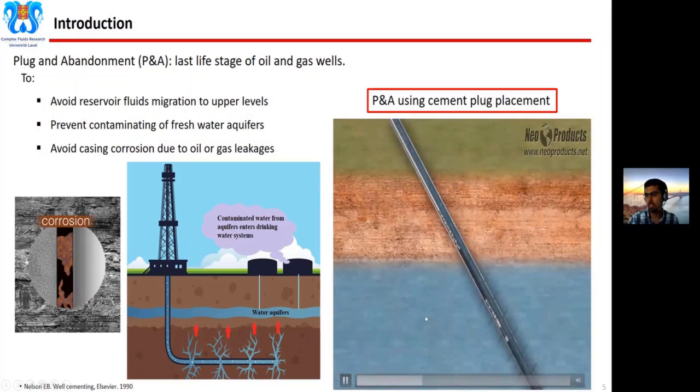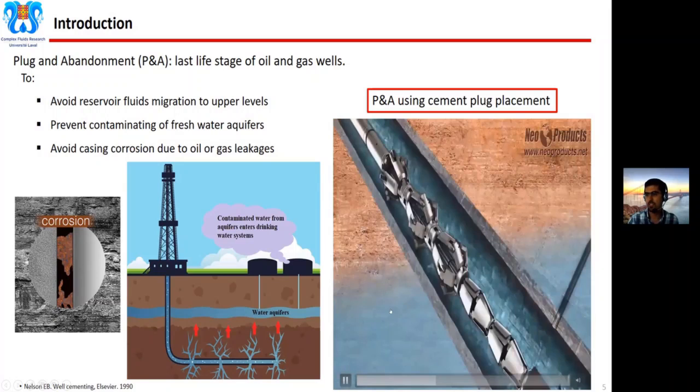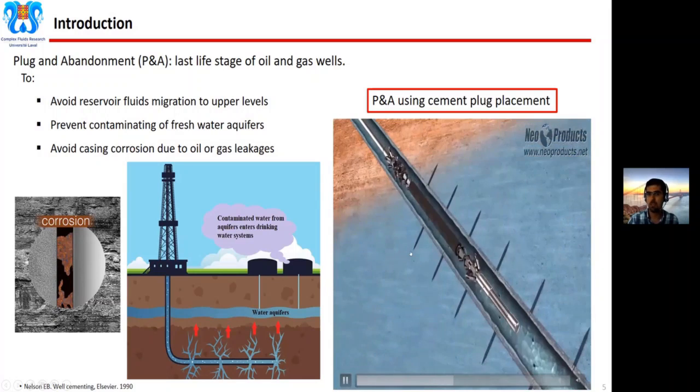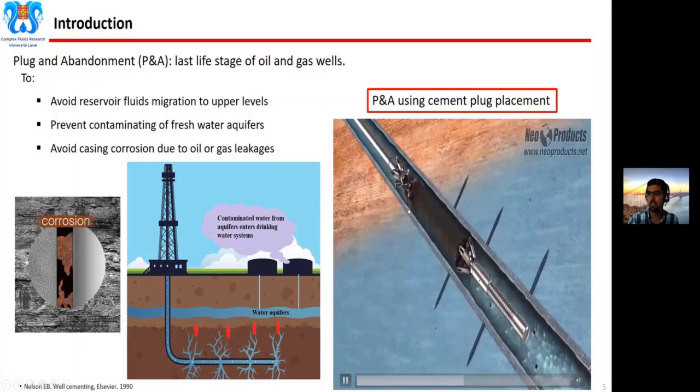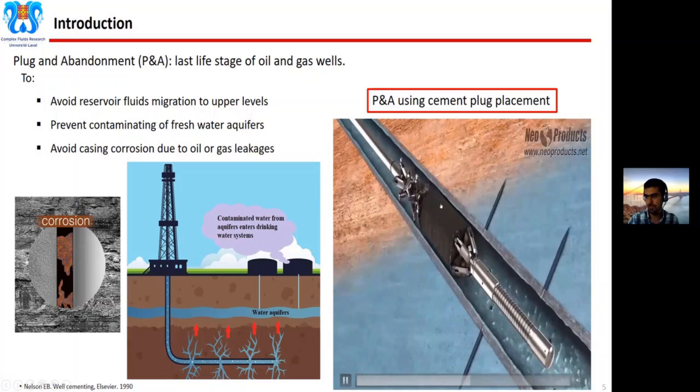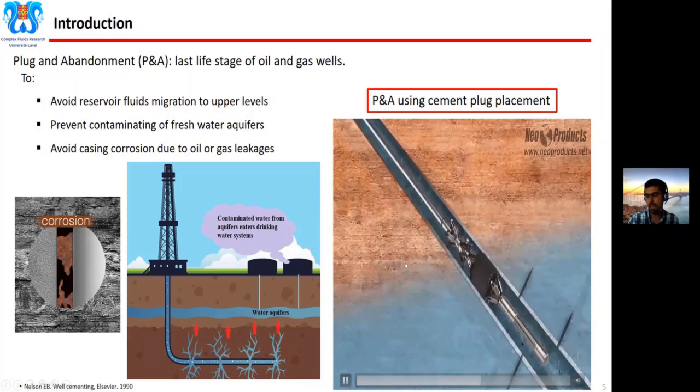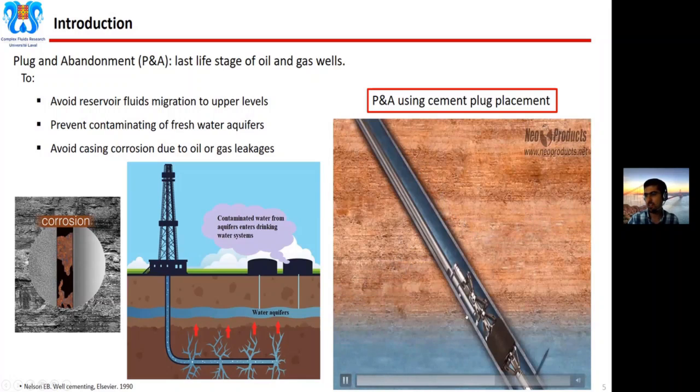To avoid the water production, first we set a mechanical plug in the production zone, and then the cement slurry is injected into the environment to replace the water and avoid water production through this well.